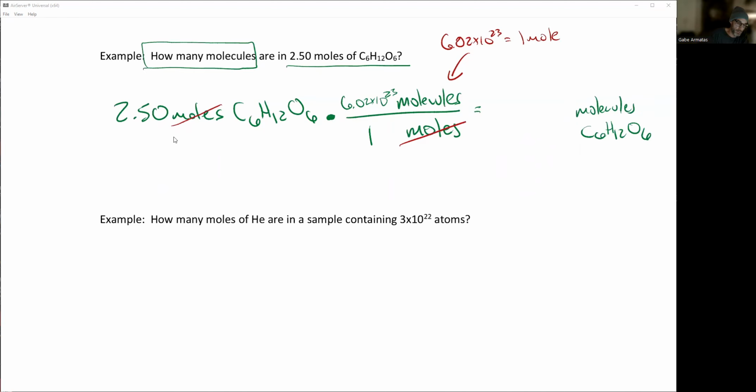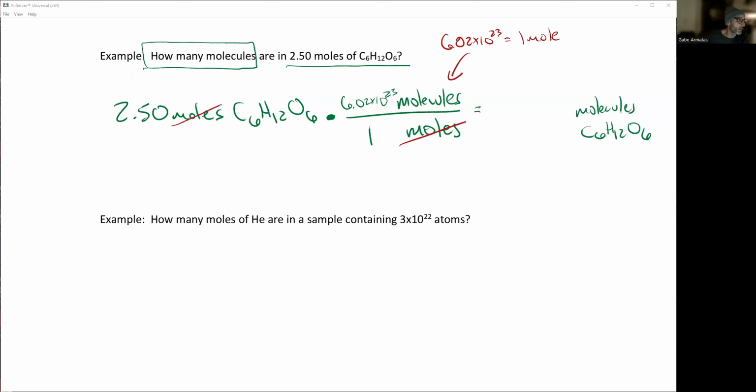Okay. And get used to doing this on your calculator. You should know how to do this on your calculator, because it's going to be important. So 6.02 EXP or EE 23 times 2.5. I guess I said that backwards. 2.5 times 10 to the 23rd.